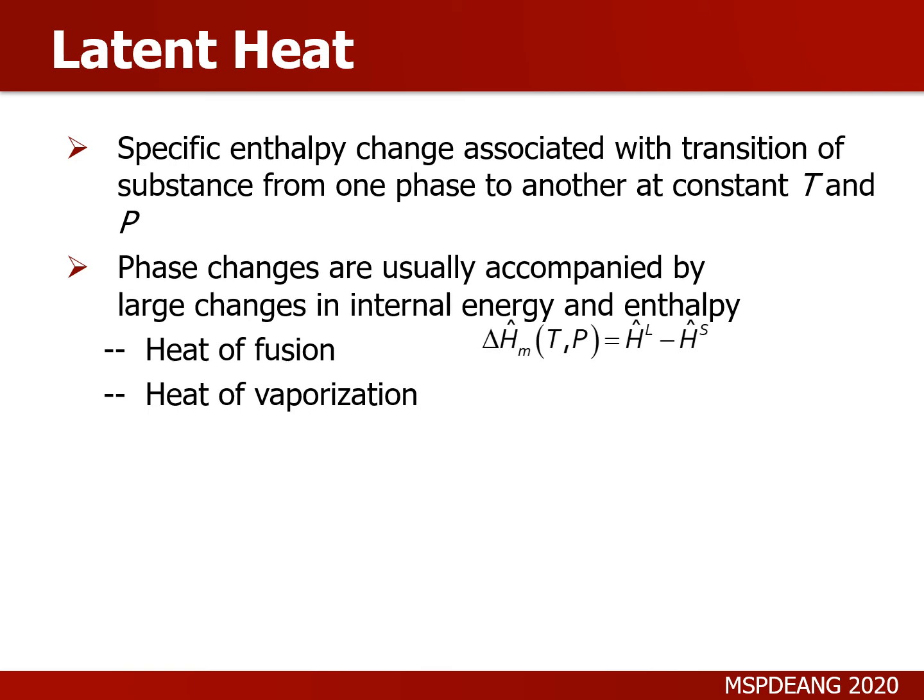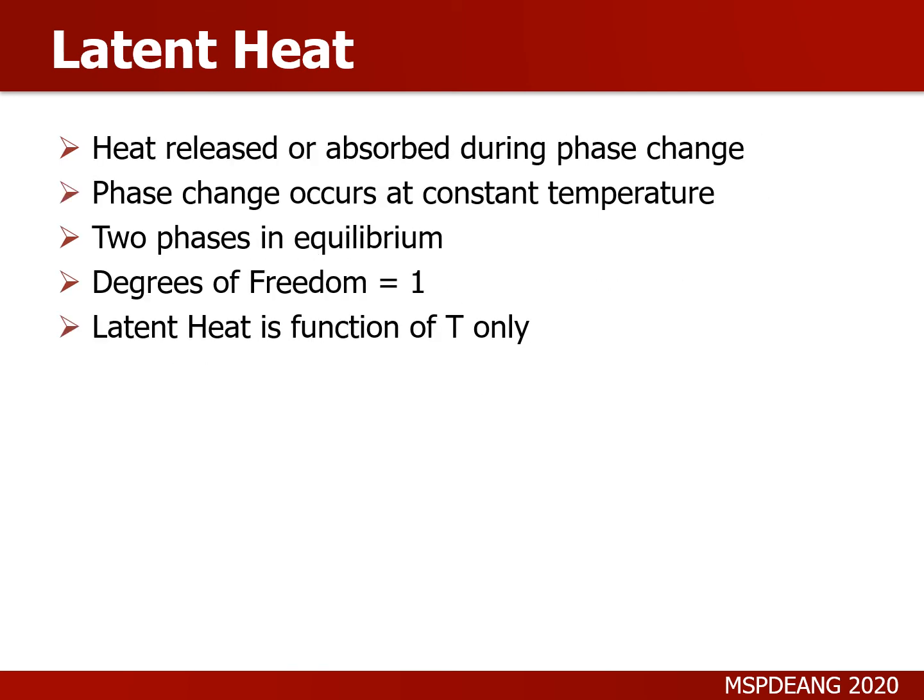The latent heat of fusion is given by the enthalpy of the liquid minus the enthalpy of the solid. The latent heat of vaporization is given by the enthalpy of the vapor minus the enthalpy of the liquid. Either heat is released or absorbed during the phase change.